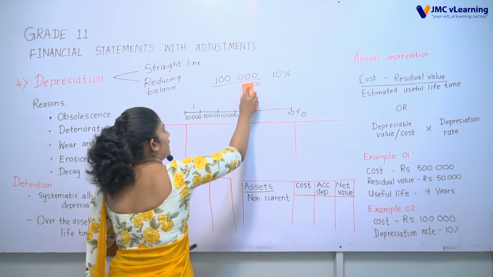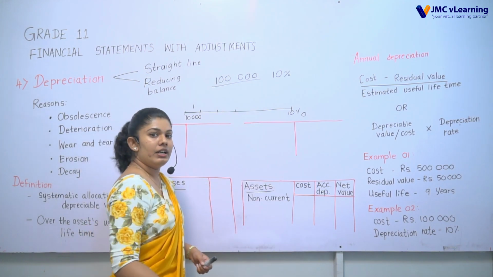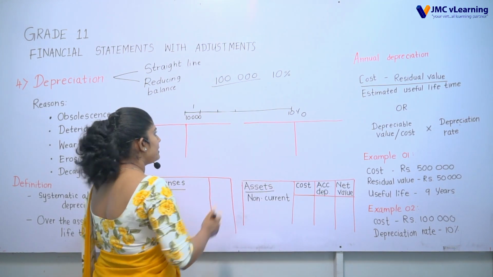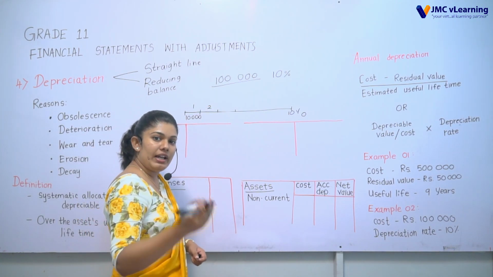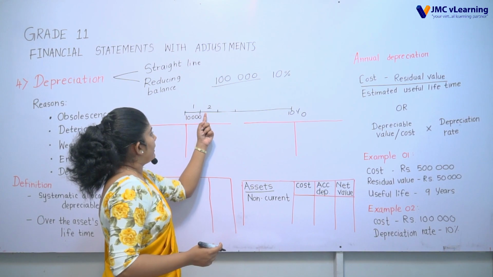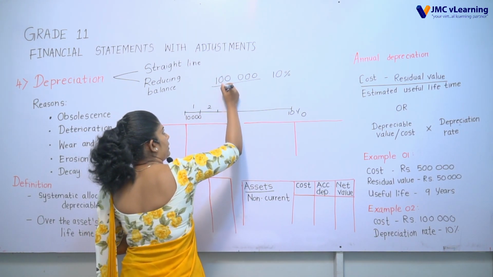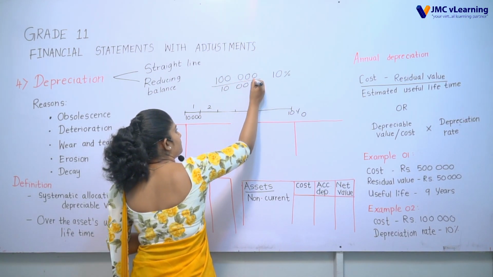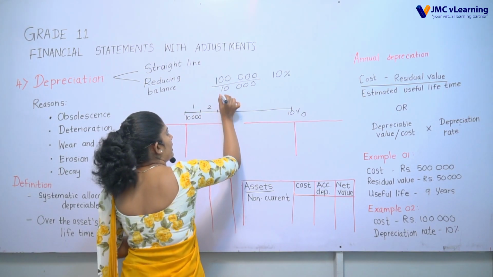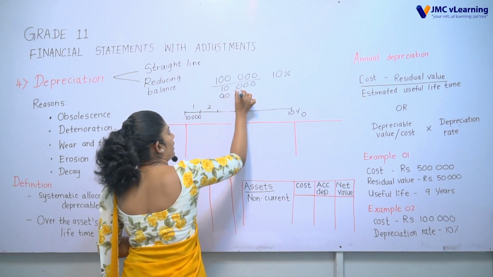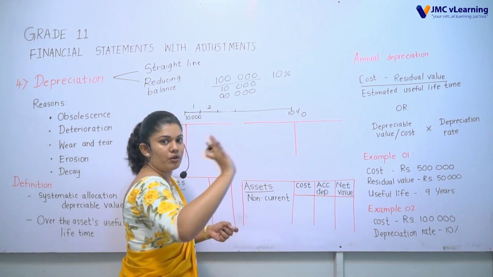In the first year, it's correct, it is depreciated by 10,000. But in the second year, we take the net value. Now, in the second year, from this 100,000, 10,000 is already depreciated. That means the net value is 90,000. 10,000 has already gone off.